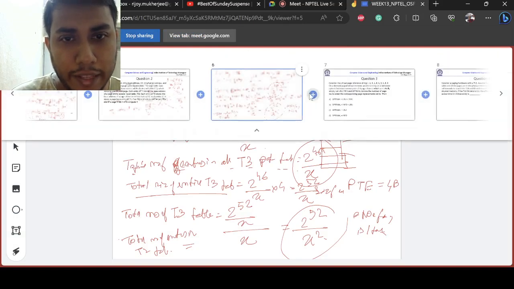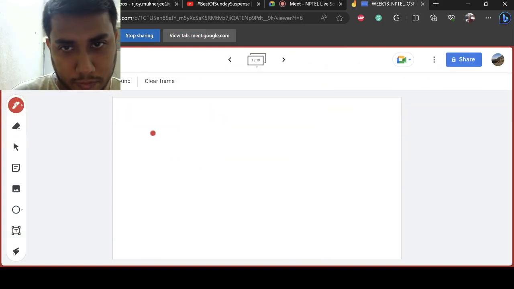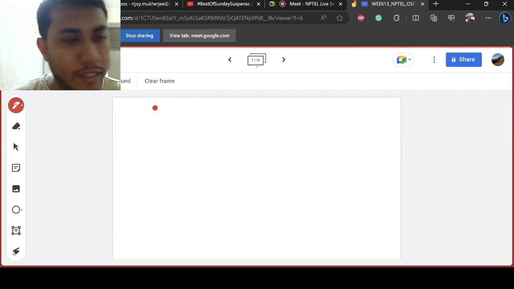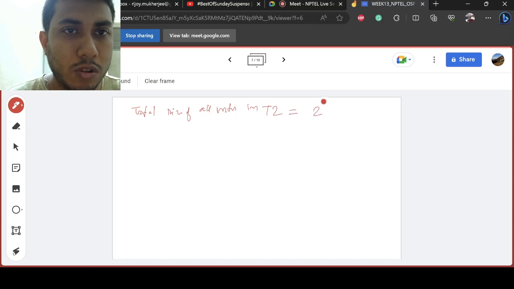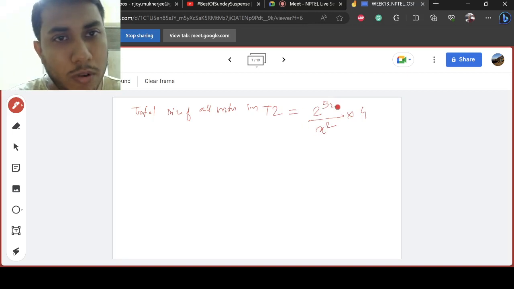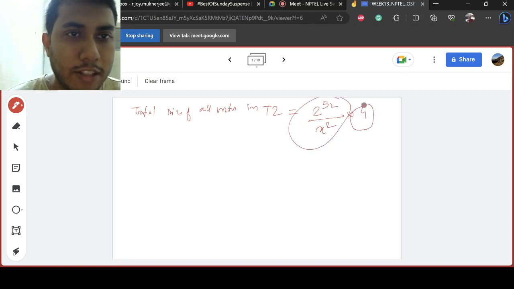So if we continue like this, the total size of all entries in T2 is 2 to the power of 48 divided by x squared, times 4, because this is the total number of entries in T2 and this is the size of each entry.